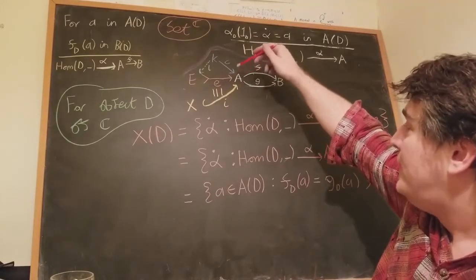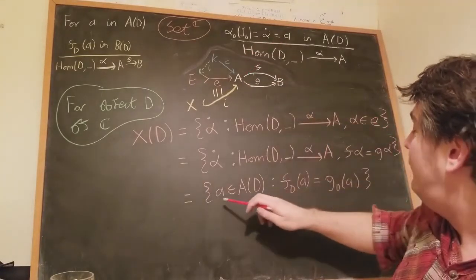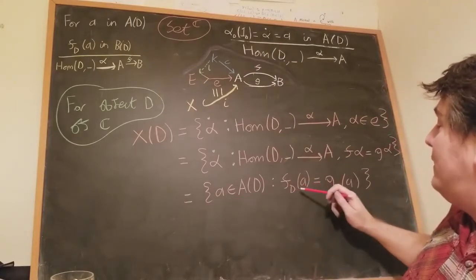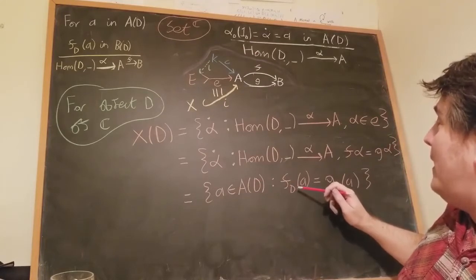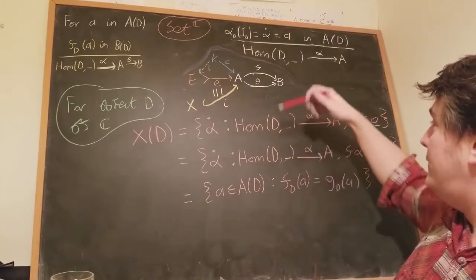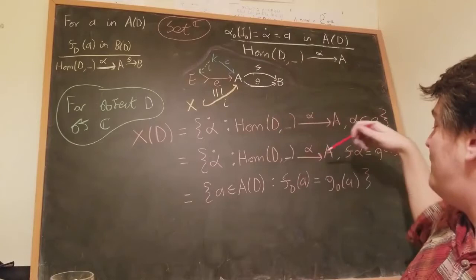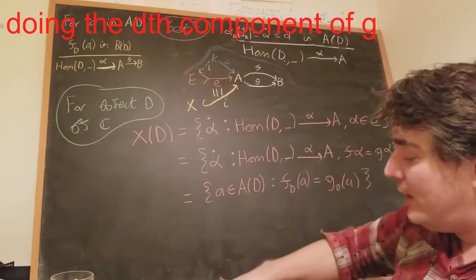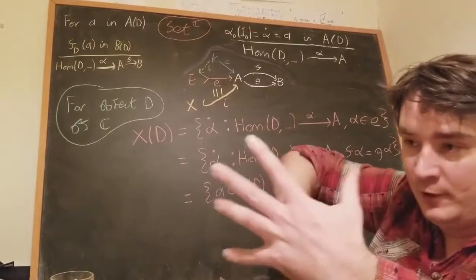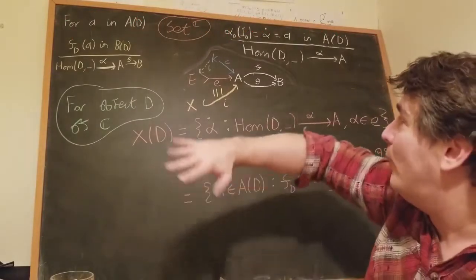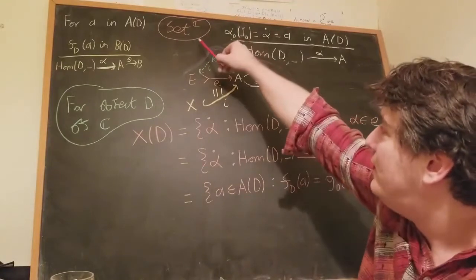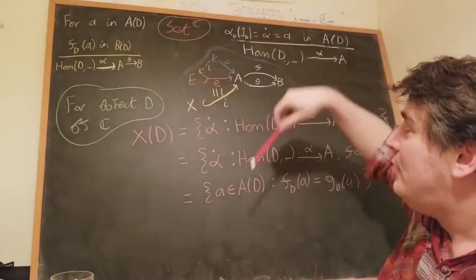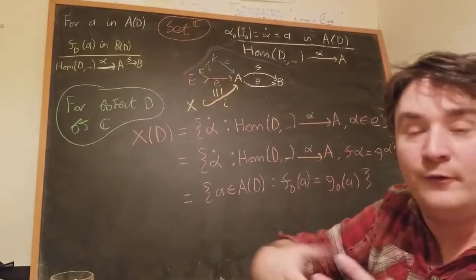And the D-type elements of this subobject are just going to be the D-type elements of A such that doing the D component of F on them gives the same result as doing the D component of G. In other words, if you look at the D component of what's going on in this category, then the equalizer looks pretty much the same as it does in set.